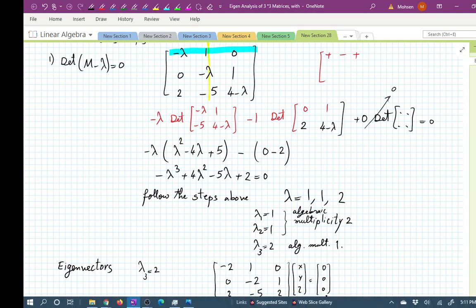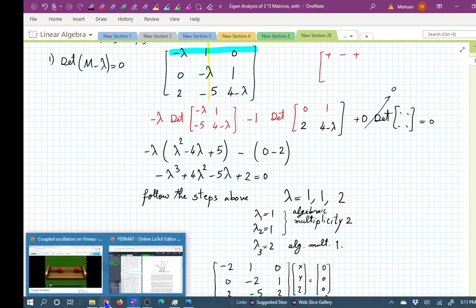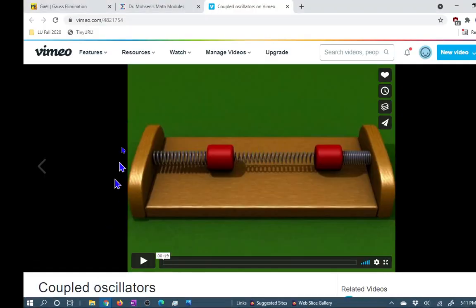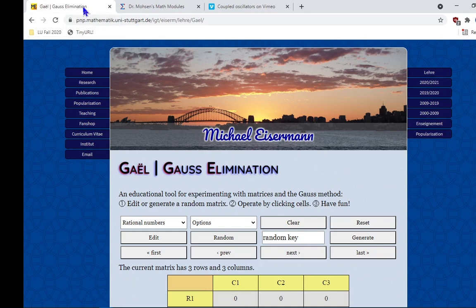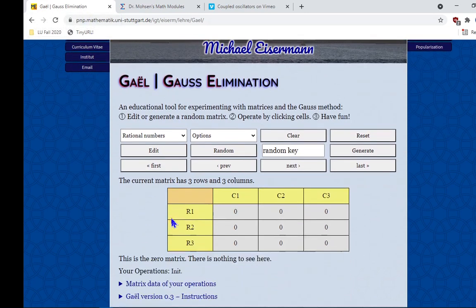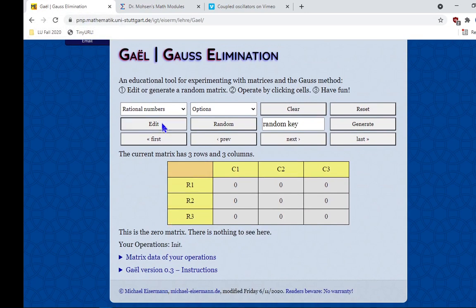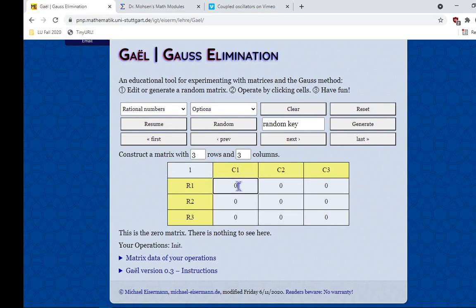Okay, so we go to Edit. So this is minus 2, 1, 0, 0, minus 2, 1, 2, minus 5, and 2 again.